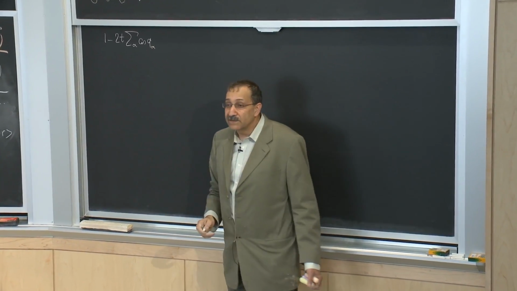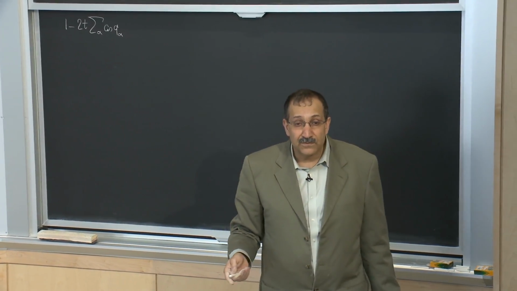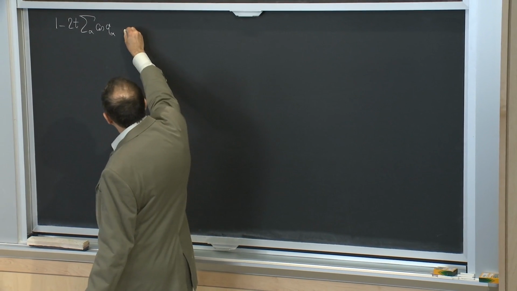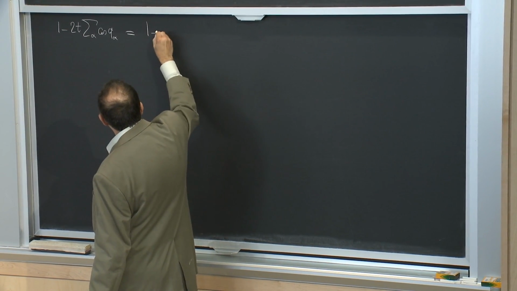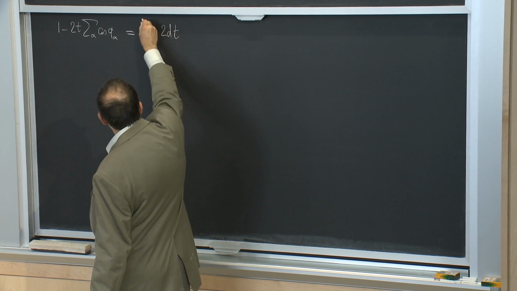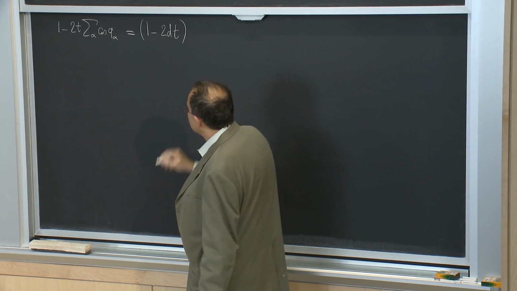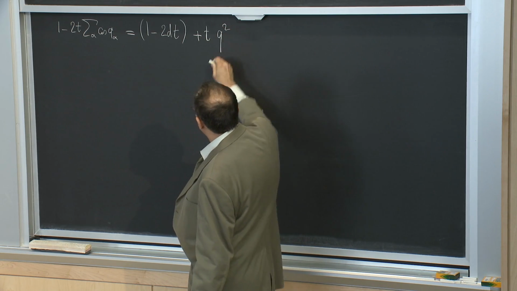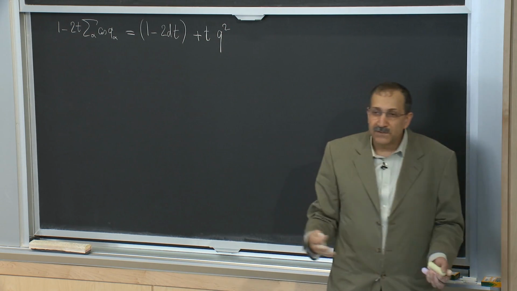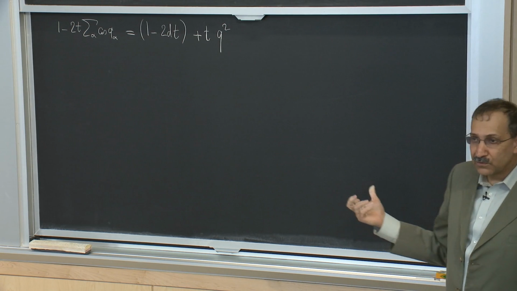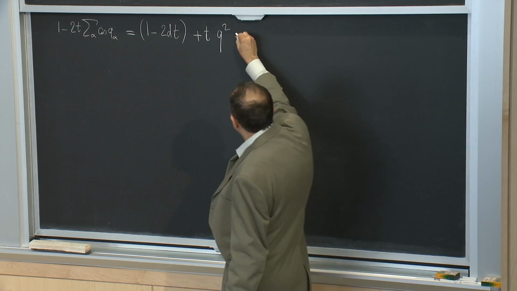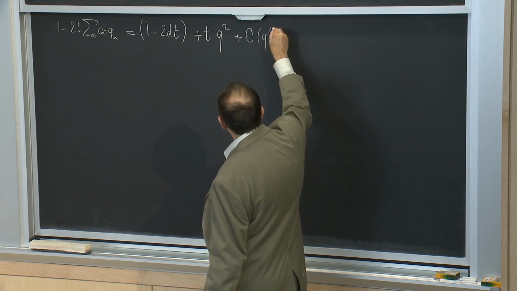Each cosine I can start expanding around its q going to 0 as 1 minus q squared over 2. So you can see that this is going to be 1 minus 2dt. And then I would have plus t q squared, because I will have q1 squared plus q2 squared plus qd. So this q squared is the sum of all the q's. And then I will have higher order terms, order of q to the 4th and so forth.